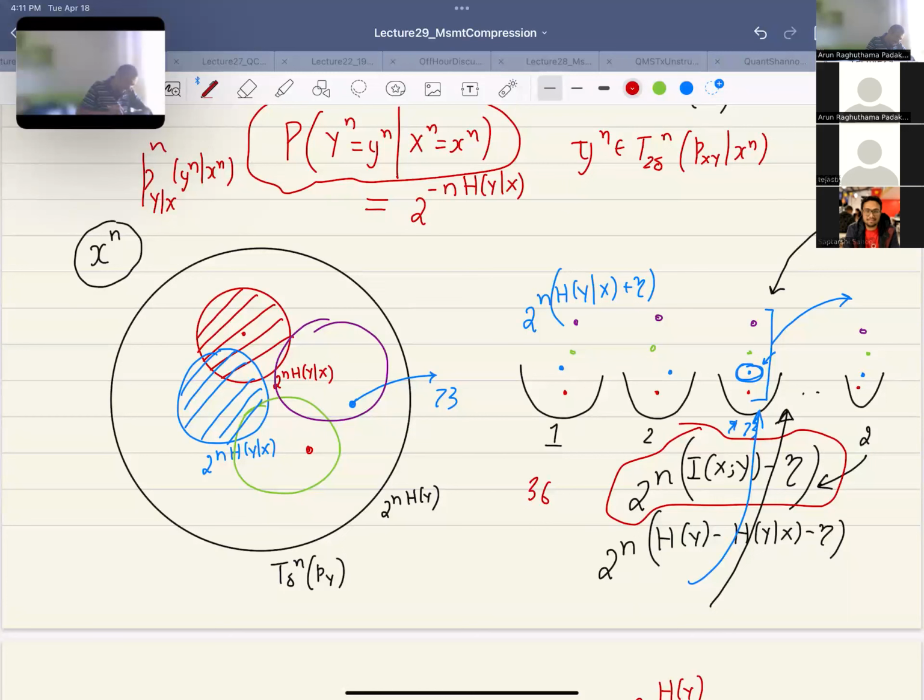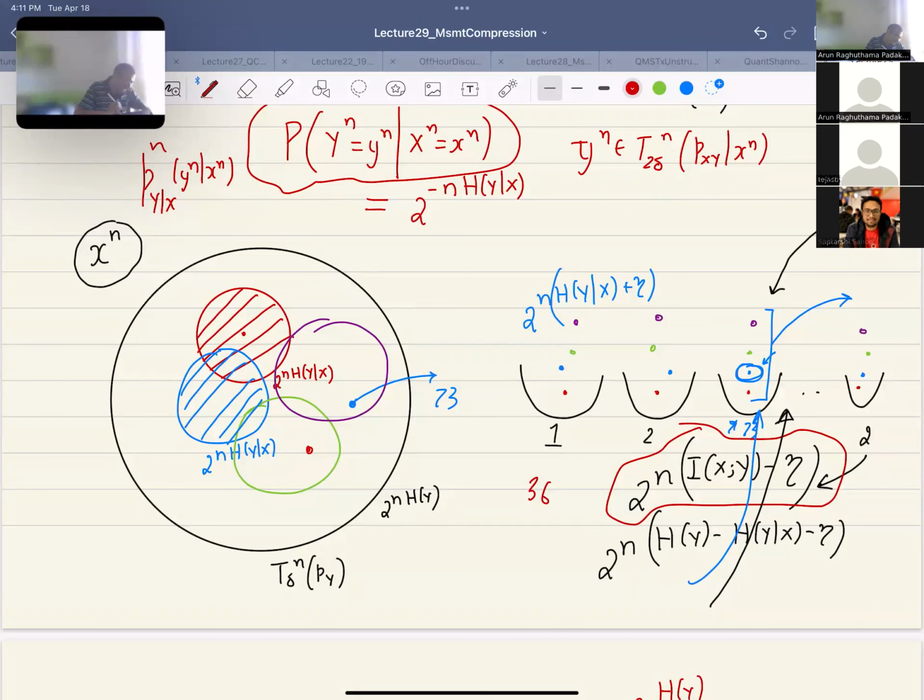Exactly. So each bin has a representative from every conditional typical set. I'll say that again. Each bin has a representative from every conditional typical set.